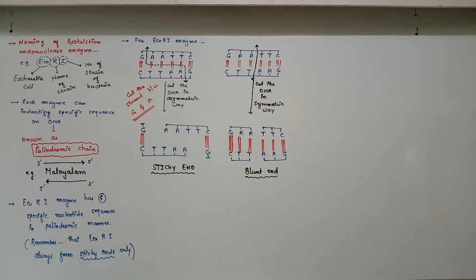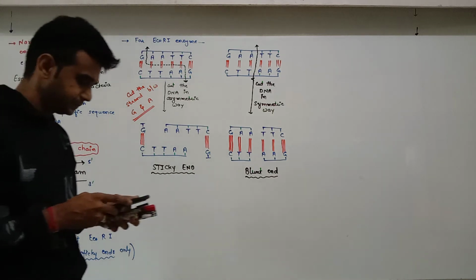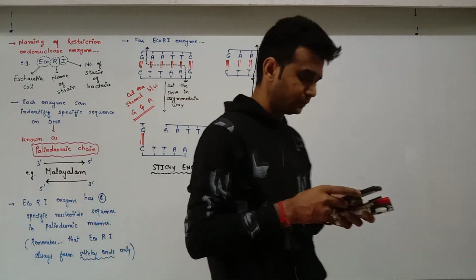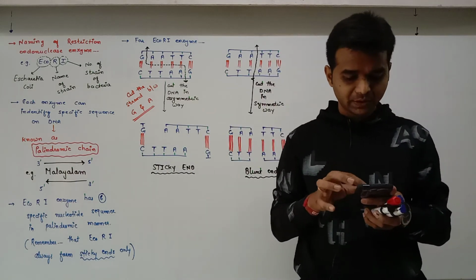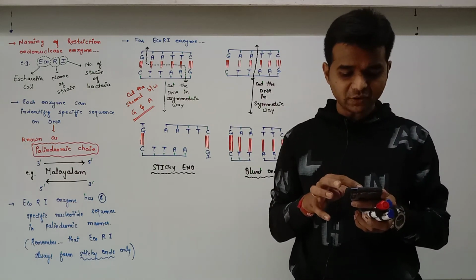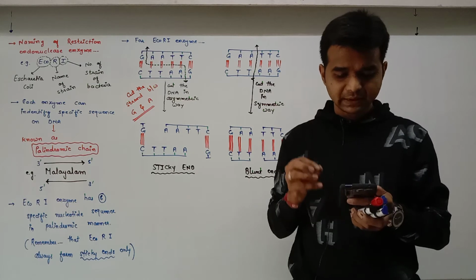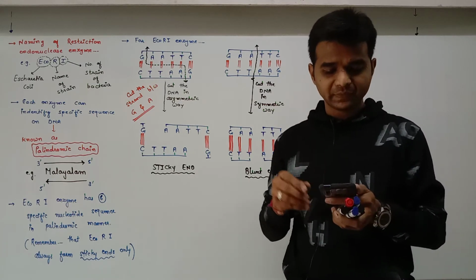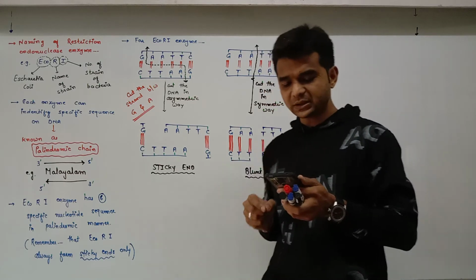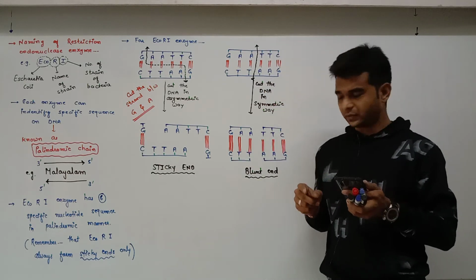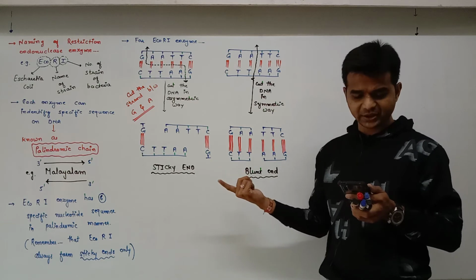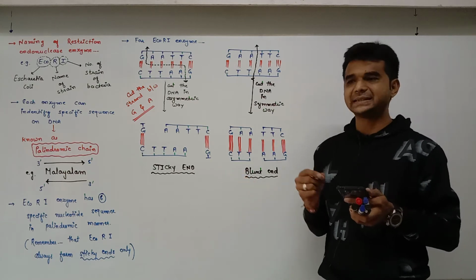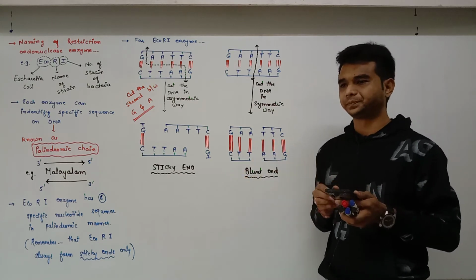Let's see from the textbook. Do you know what palindromes are? These are groups of letters that form the same words when read in both forward and backward direction. Example, Malayalam.